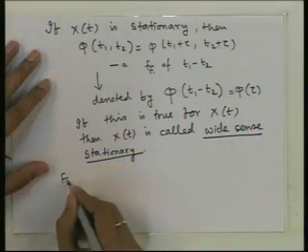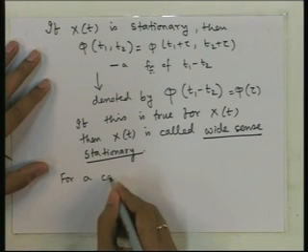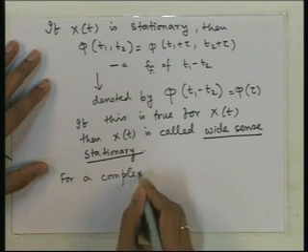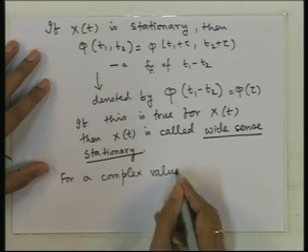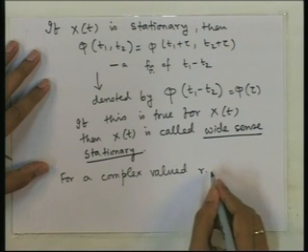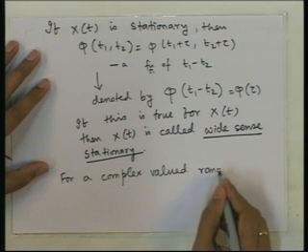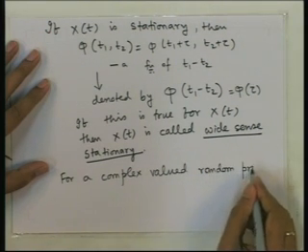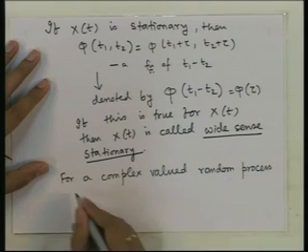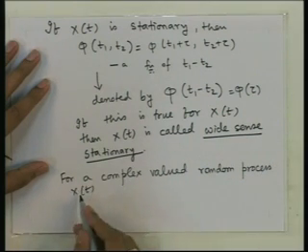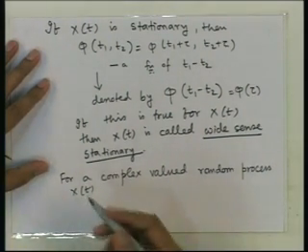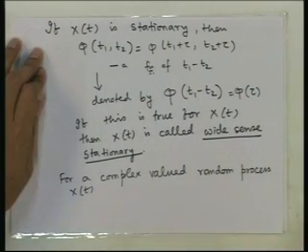So, for a complex valued random process X(t), X(t) has a real part and an imaginary part: X(t) is a(t) plus i b(t).